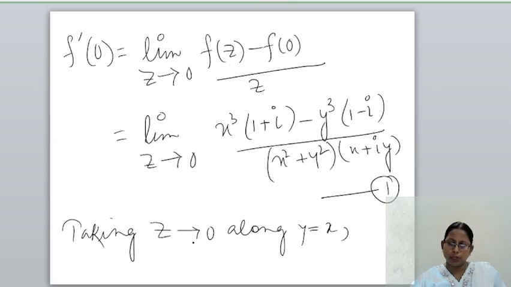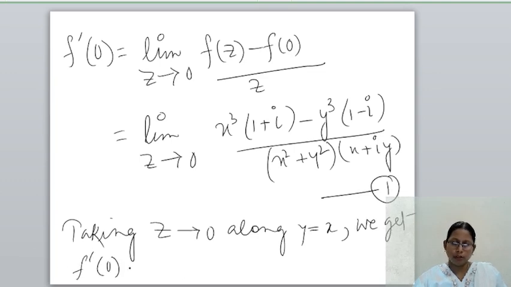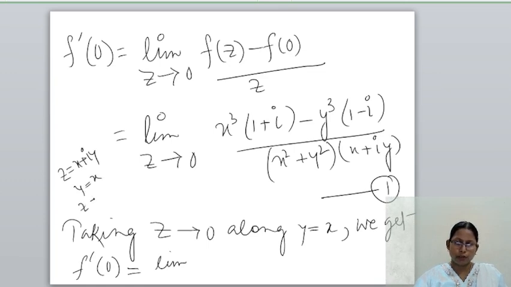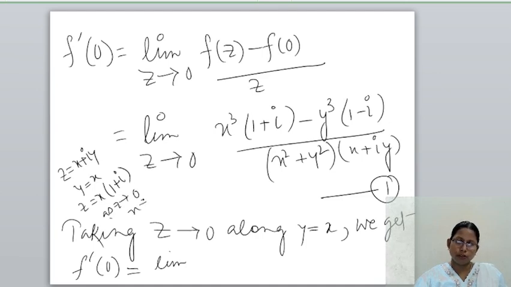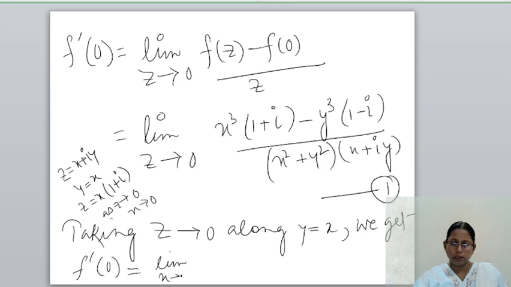If we take z tends to 0 along y equal to x, we get f'(0) equal to, if I put y equal to x, then z is x plus iy. If y is equal to x, then z is x(1 plus i). As z tends to 0, x tends to 0. So here, the limit as x tends to 0.